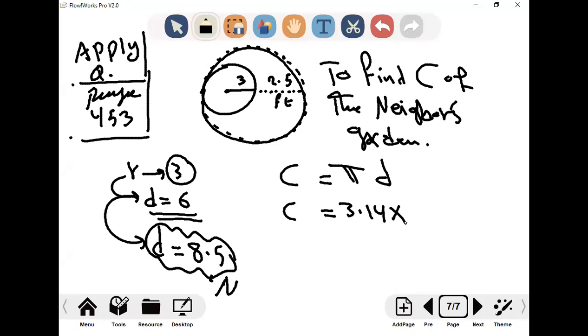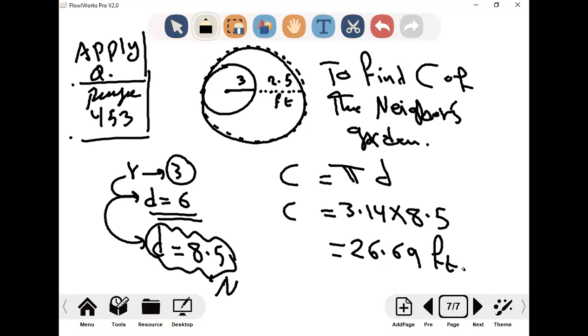Multiply by the diameter, how much? 8.5. Multiply. 8.5 multiplied by 3.14 will be 26.69. What's the unit?